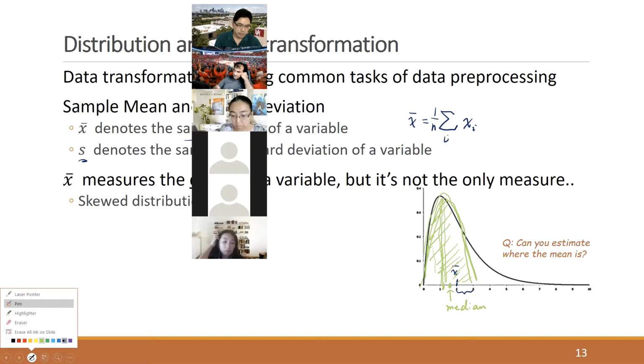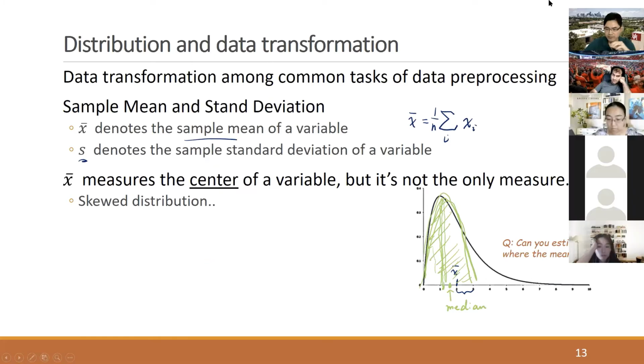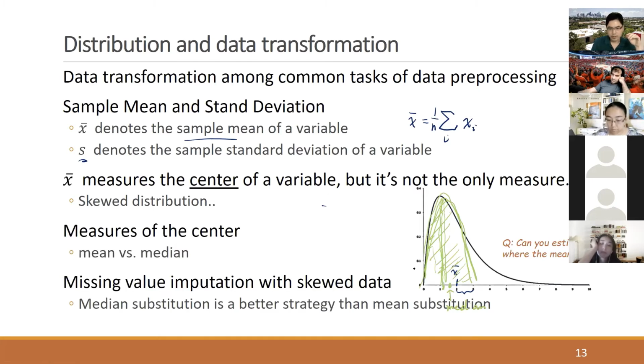So, great. And because of this property of the mean and the median in a skewed distribution, the median is a better summary. Median is a better representation of the center of the variable.